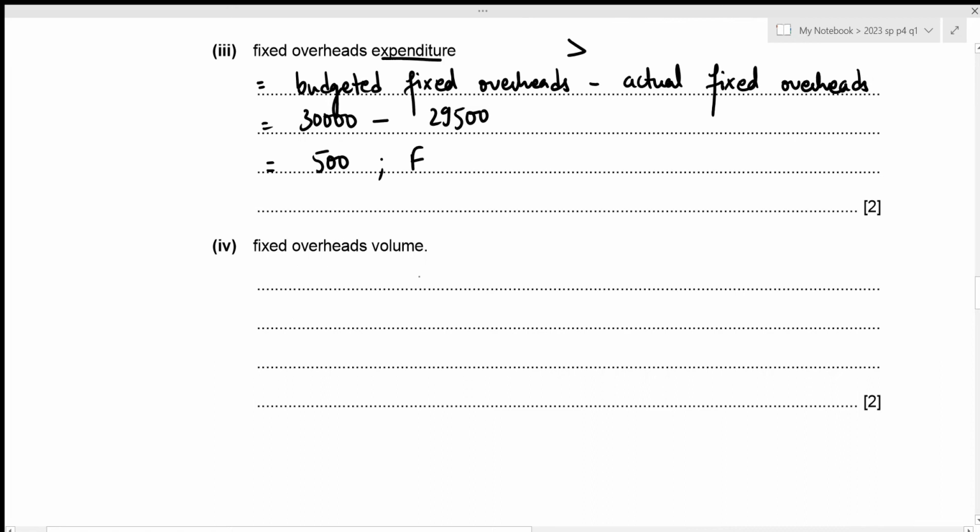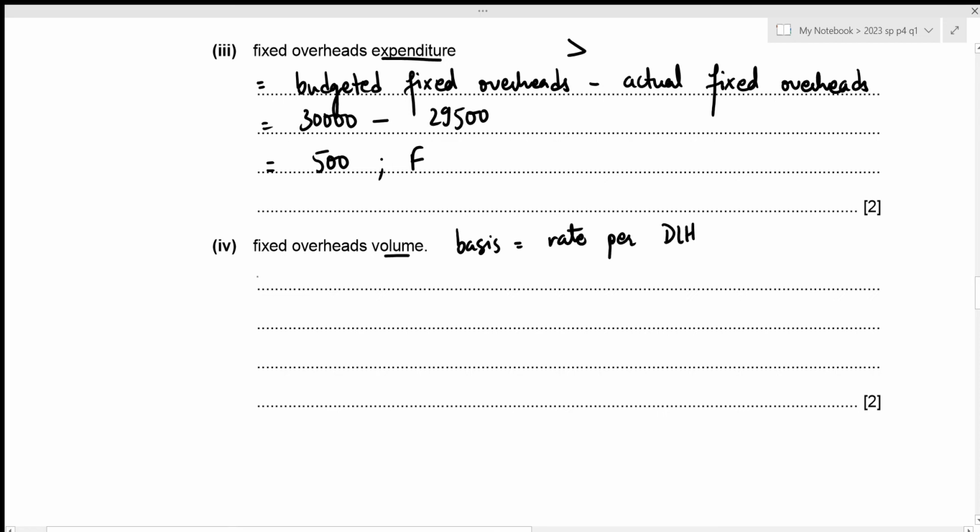Now, the next one is fixed overheads volume. So we're comparing the volume, right? And we are told that our fixed overheads were to be allocated on the basis of direct labor hours. So we're basically just comparing the total direct labor hours utilized. Our basis can be the rate per direct labor hour. We can keep it constant.